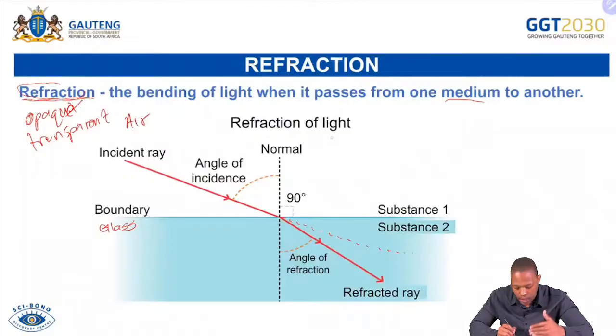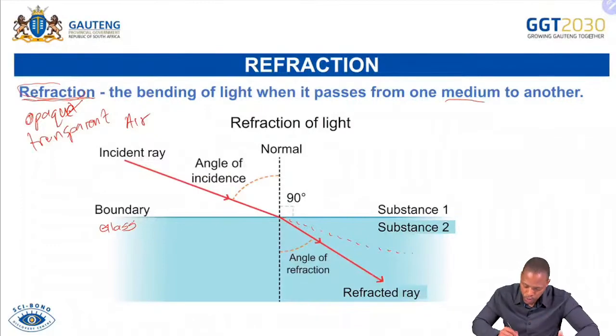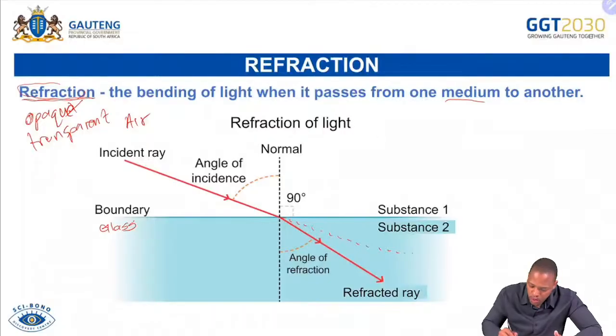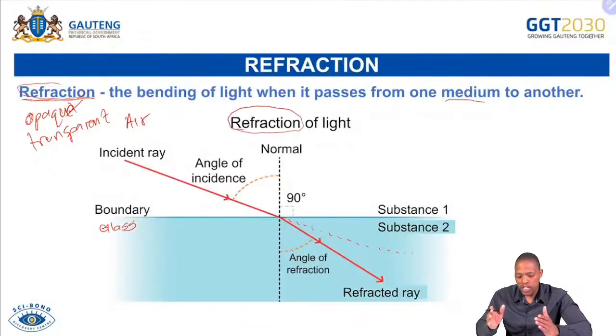This time, it did go through this material, which is glass. It did go through. However, it did not maintain the same direction. Instead, it changed direction a little bit by bending. So it was bending here, showing that something is happening, and that thing we call it what? Refraction. It is refraction. The light bending as it passes from one medium to another.